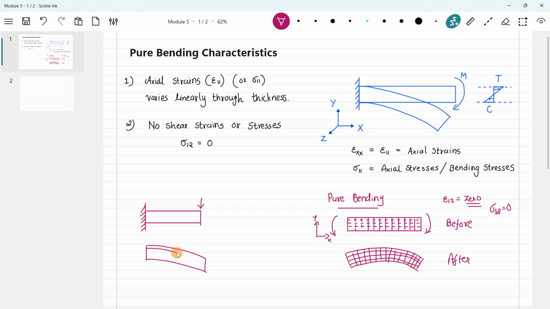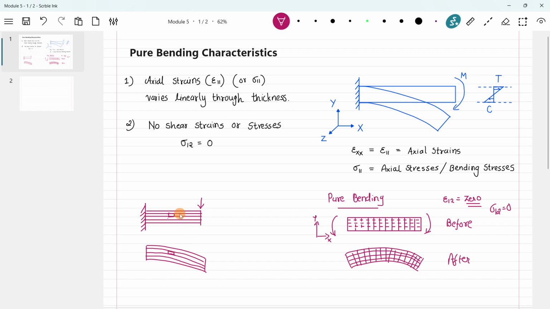The fibers will be as shown here. So these are the initial fiber lines before deformation. Let's take one particular element here, this element.